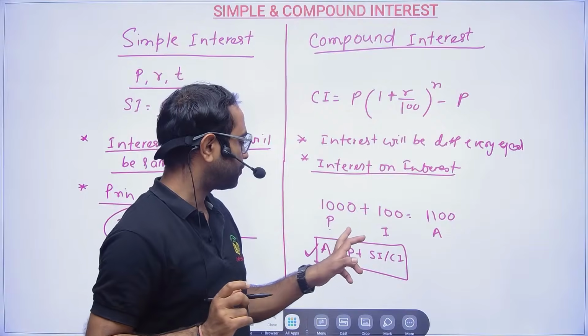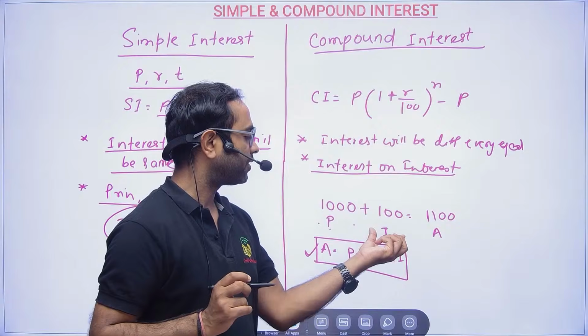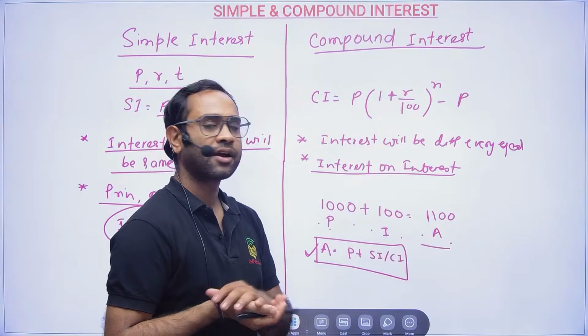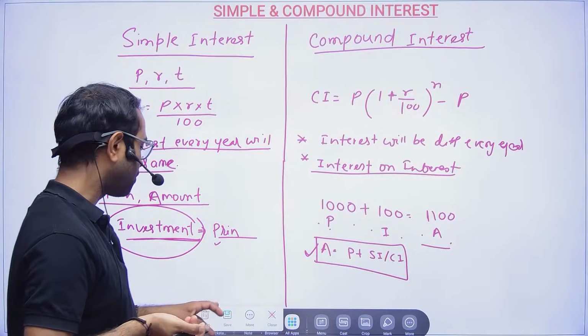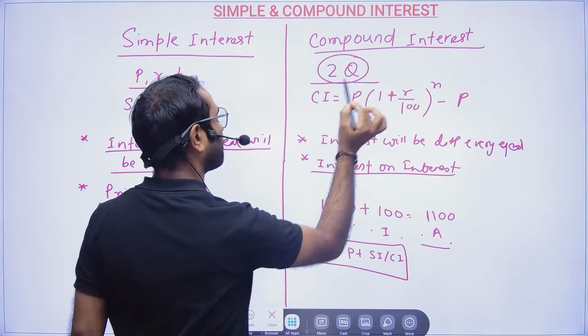Whenever you get confused, take help of basics. 1000 rupees is the principal, 100 rupees is the interest, and the total amount becomes 1100. Clear? In TCS NQT you will get 2 questions from this topic.